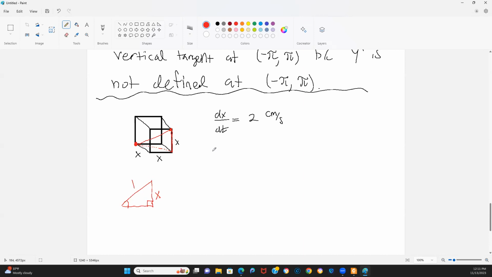And what we want is the diagonal, this hypotenuse here, but I don't know how to, well, maybe we know this angle here. Oh, no, that shouldn't be 45 degrees. That should be, hmm, let me see.